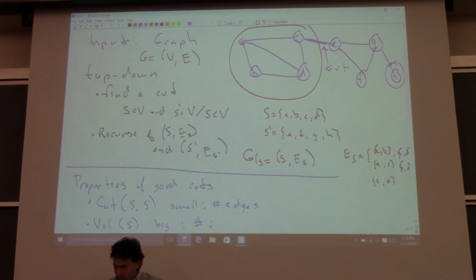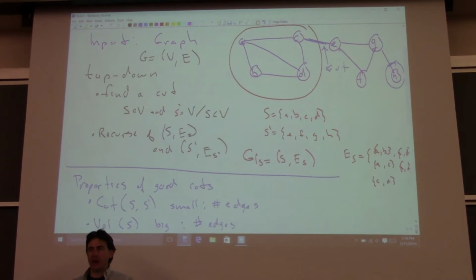So this is going to be the number of the induced edges. Well, it'll be a little bit different than the induced edges. It's the number of edges, not just the number of vertices.